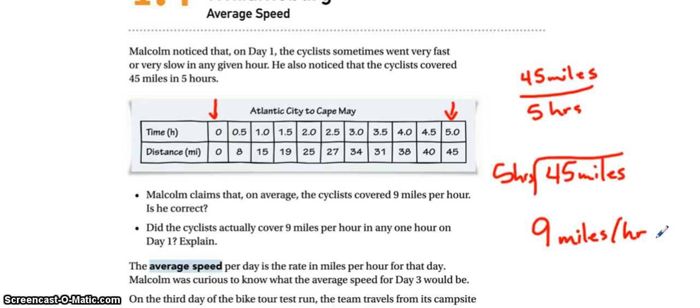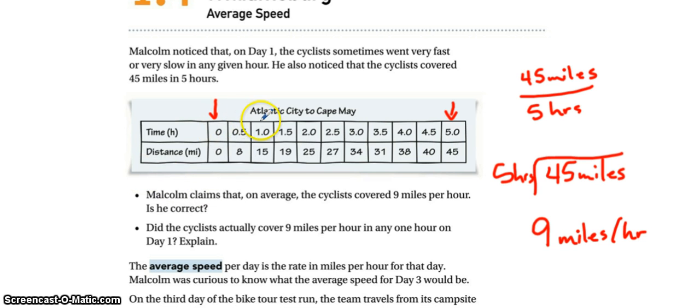Explain. So looking very closely here, let's start looking at the hour by hour, or even the half hour to half hour distances. Let's start looking up here at our table, at whole hour increments of time.